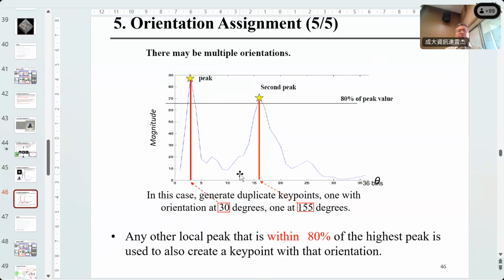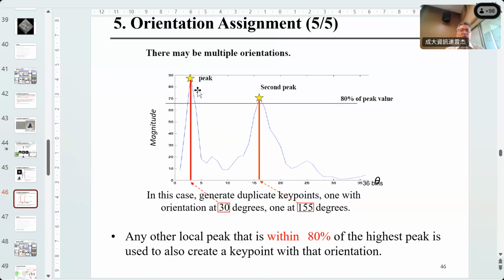But sometimes there is another peak. According to their experience, if any peak is more than 80% of the biggest peak, it becomes the second rotation angle. So each patch has probably 1 or 2 rotation angles.